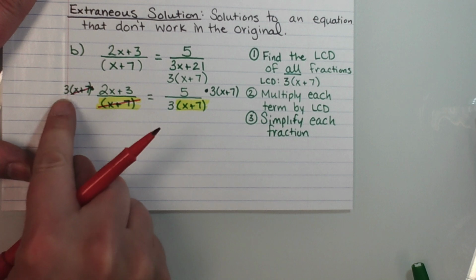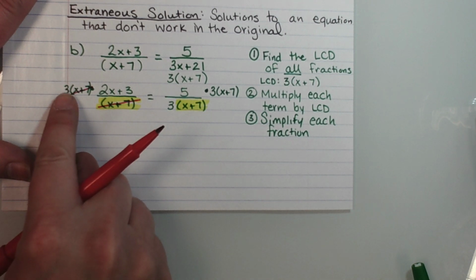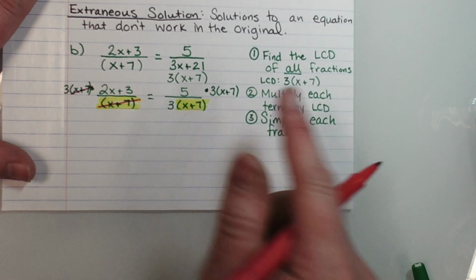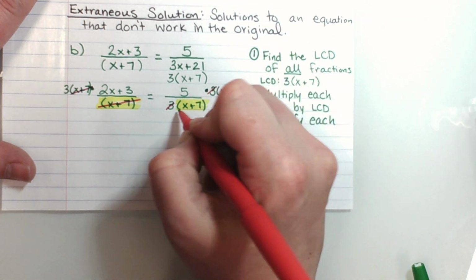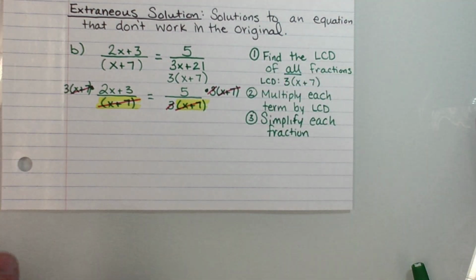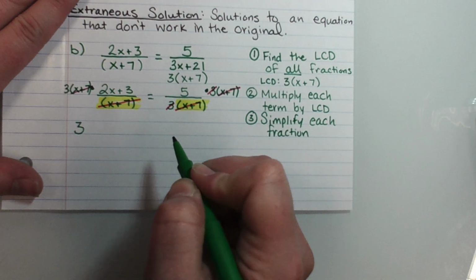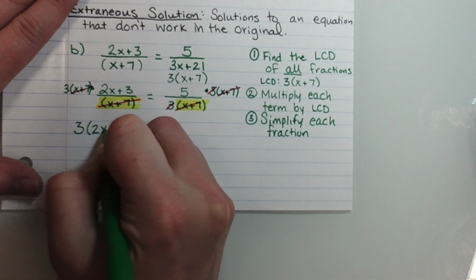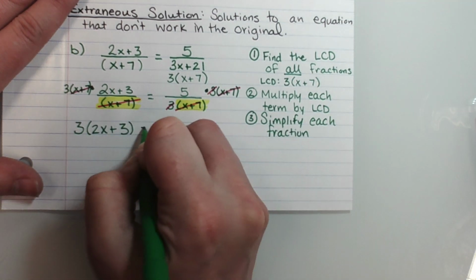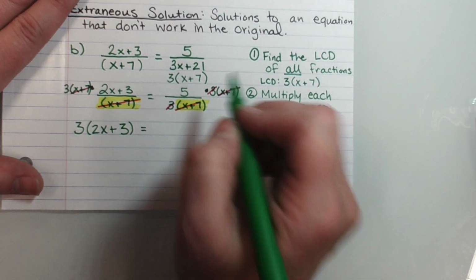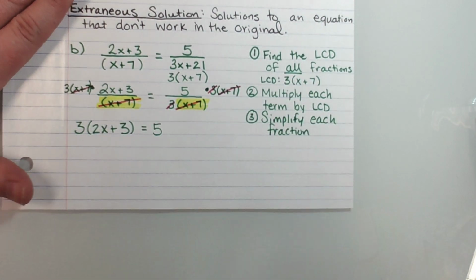The 3 is still existing. In the second one, the 3 and the x plus 7 cancel out. You are left with the 3 getting multiplied by the 2x plus 3, which is technically in parentheses, equal to, and on this side, 5.